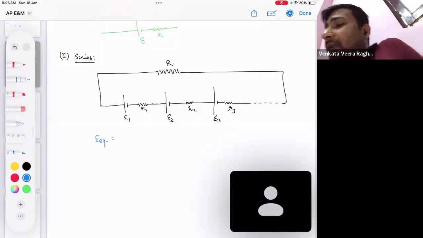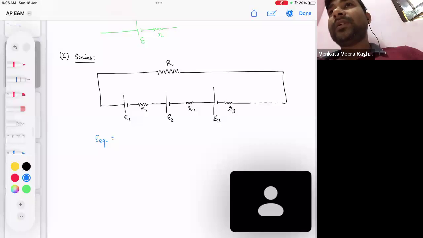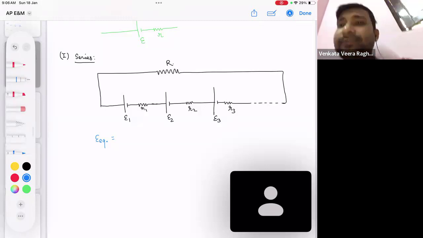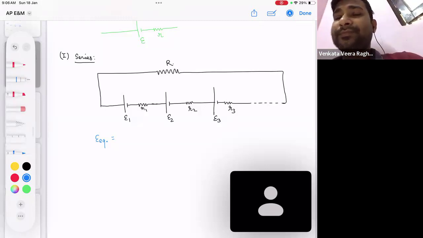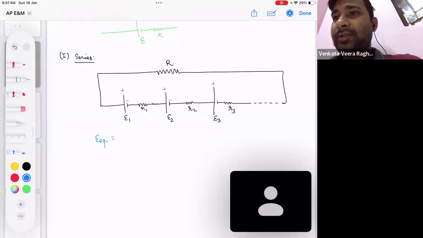In the series and parallel combination of cells, two formulas will come for series and two for parallel, not like resistors, where series is R1 plus R2 plus R3. Here, for series, first of all see the polarity of the cell. Positive, negative, again positive, negative.